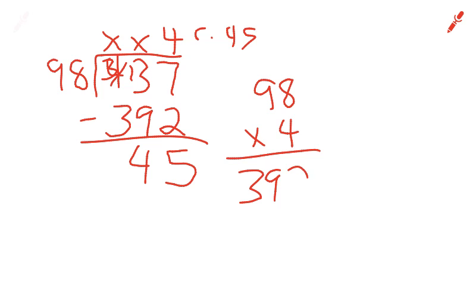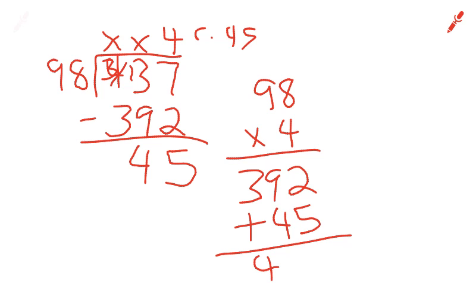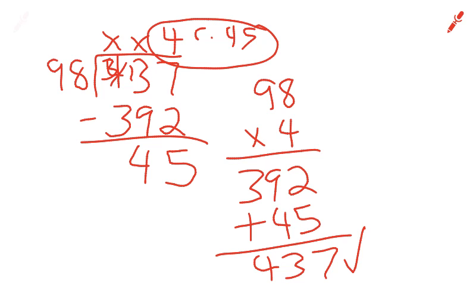And then we need to add our remainder, our 45. 392 plus 45 gives us 437. This number matches that number, so when we check it, it checks, and our answer will circle a 4, remainder 45.